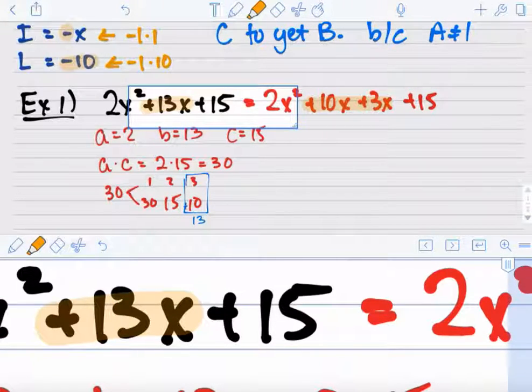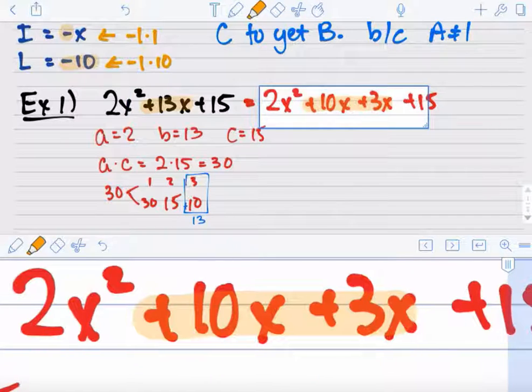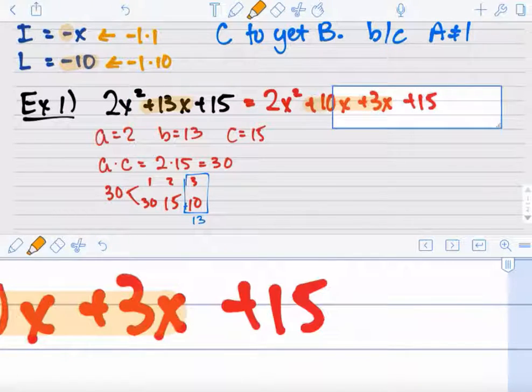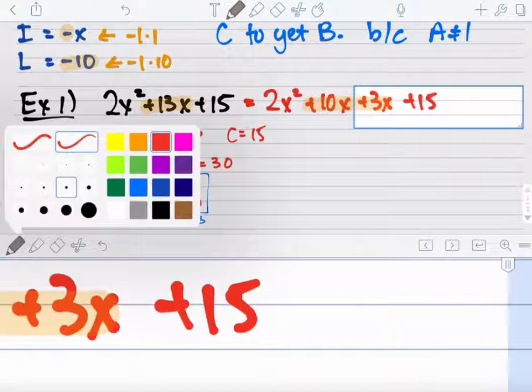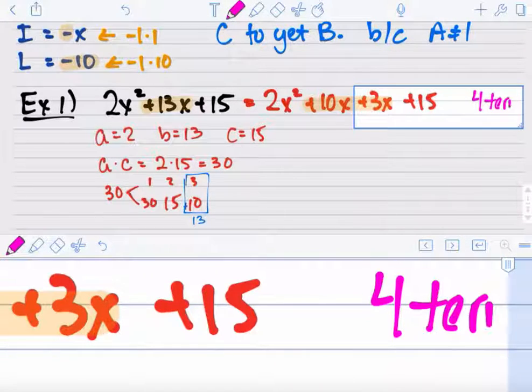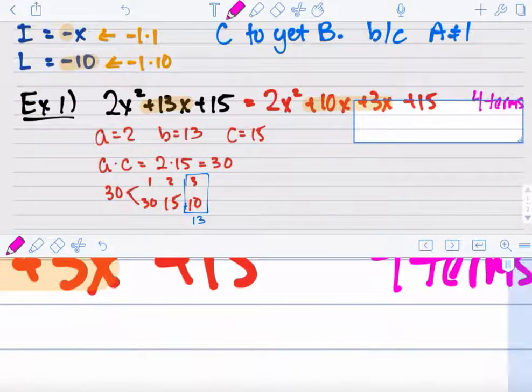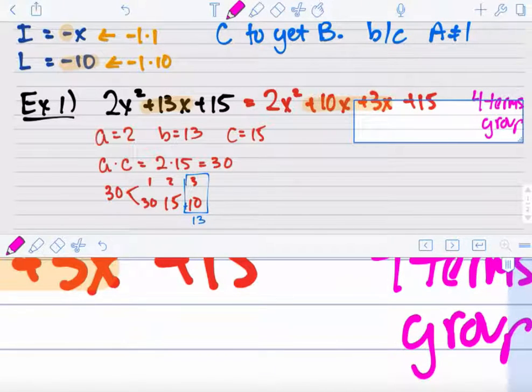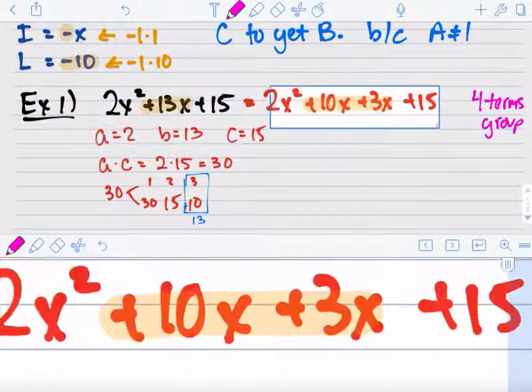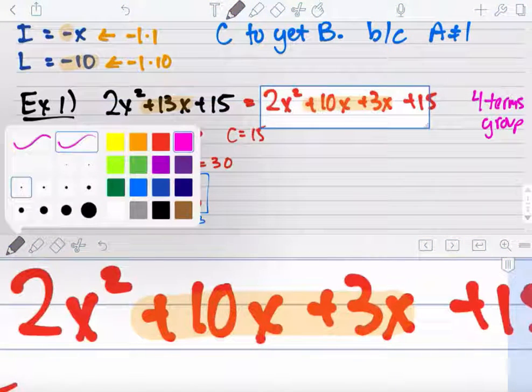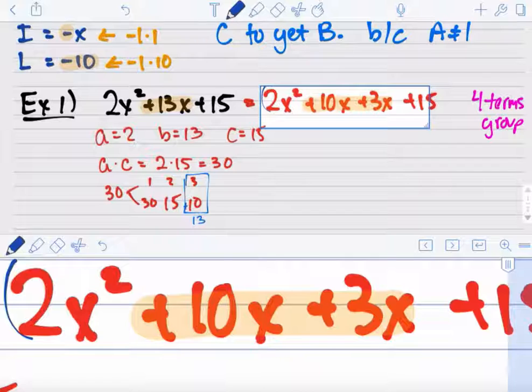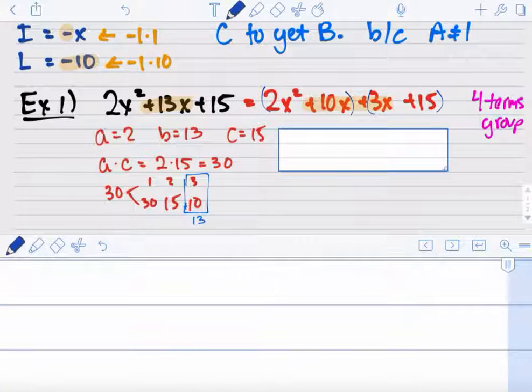Okay, now I've got 4 terms. Four terms usually means we group. So can I group? I think I can. I can group the 2x squared and the 10x, and the 3x and the 15.